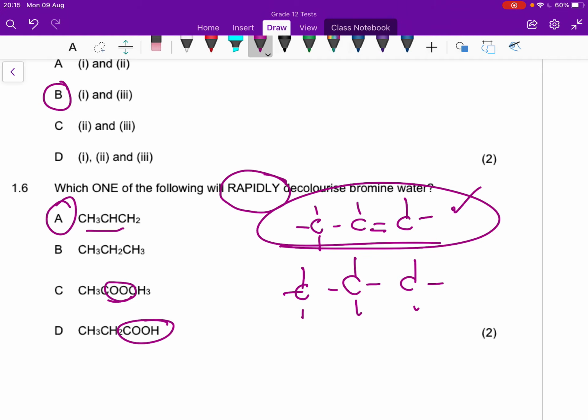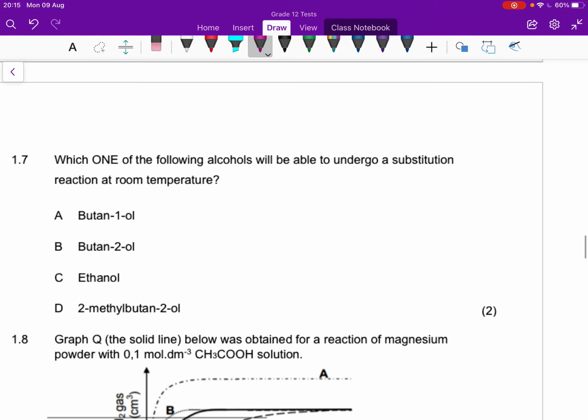Alright. Then, 1.7. Which one of the following alcohols will be able to undergo a substitution reaction at room temperature? Well, we have primary alcohol, secondary alcohol, primary alcohol, tertiary alcohol.